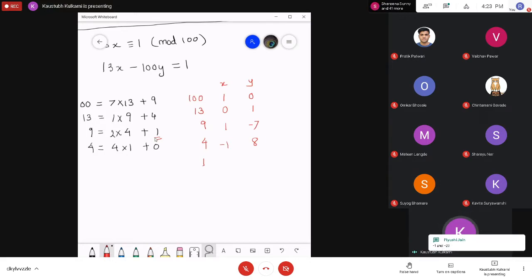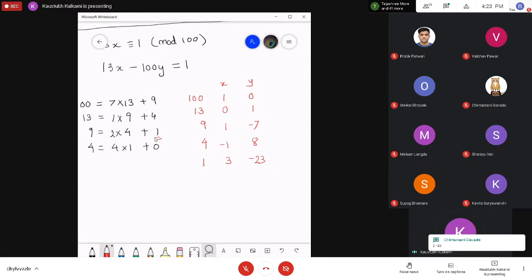9 minus twice the row of 4. Row of 9 minus twice the row of 4. So 1 minus -2 becomes plus, it is 3, and here we get minus 23. -7 minus 16 is 20, minus 23.